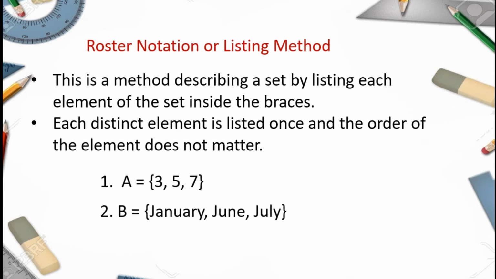So examples of sets written in roster notation are the following. Set A has the elements 3, 5, 7. Set B has the following elements: January, June, July.